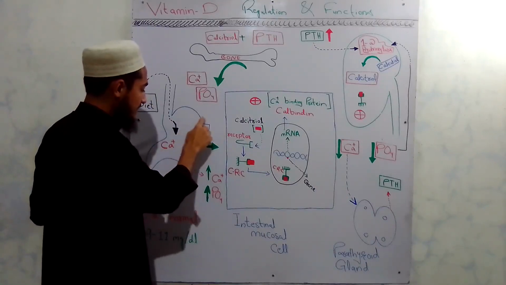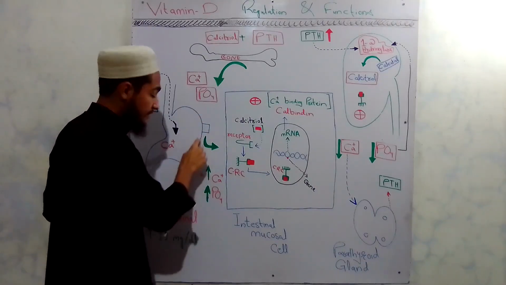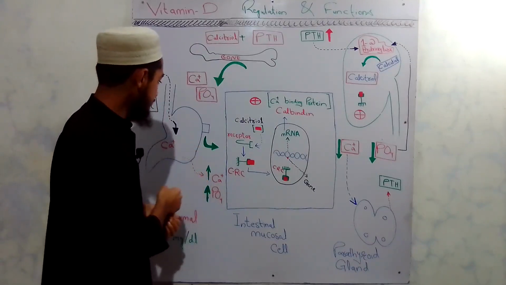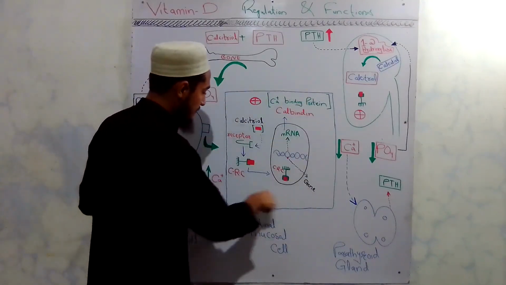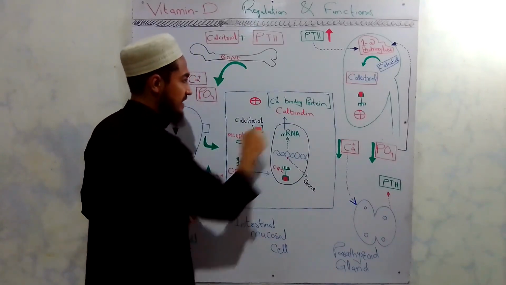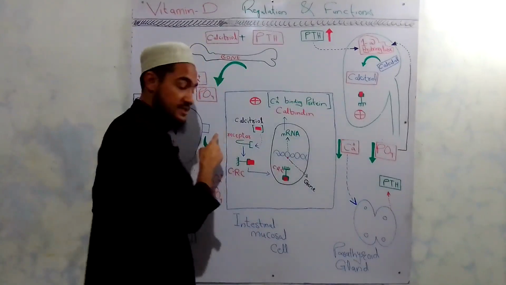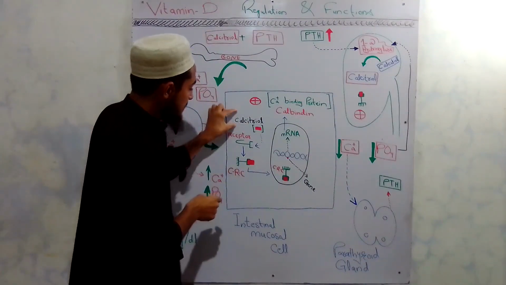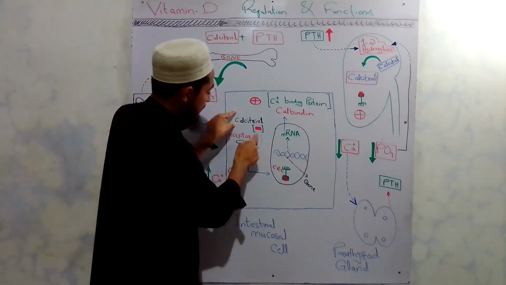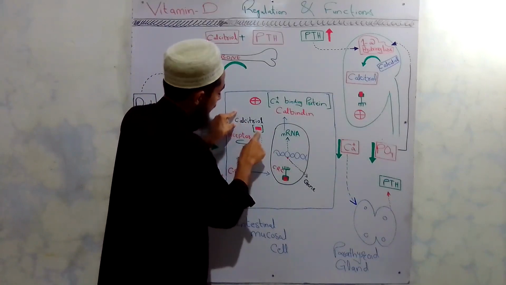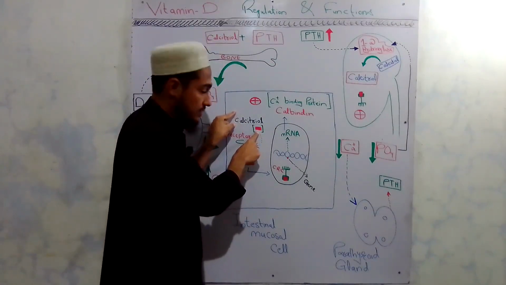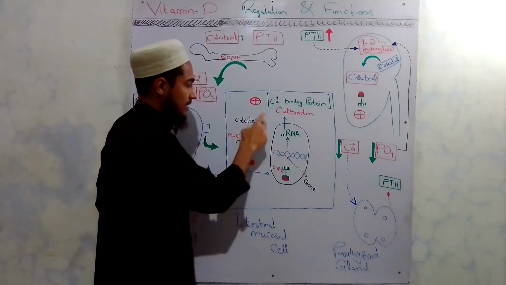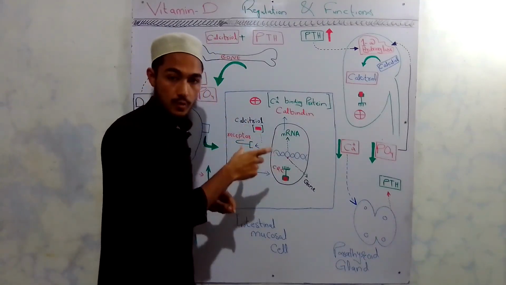Of course, I have drawn it on the surface of the stomach, but I have drawn it for our ease. What happens is that calcitriol reaches the intestinal mucosal cell. Here I have denoted this calcitriol with this red rectangular shape. So this calcitriol is now in the intestinal mucosal cell.